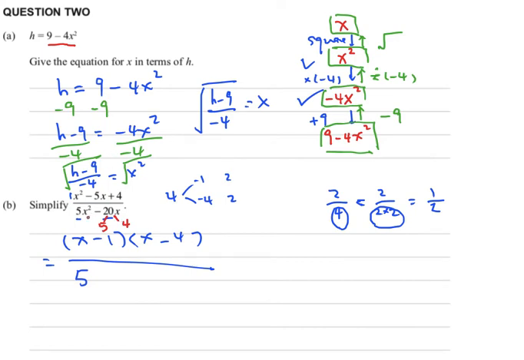Now hold on, what about the letter? You can see there's an x squared, which means x times x, right? So that's 5 times x times x, and this one is 5 times 4 times x. So we can see that 5 is common and x is common, so you can take 5x out.